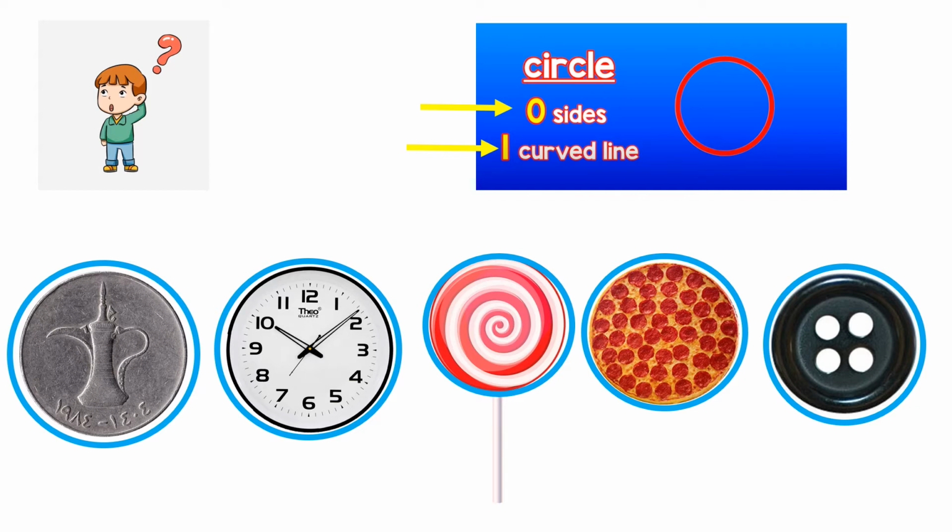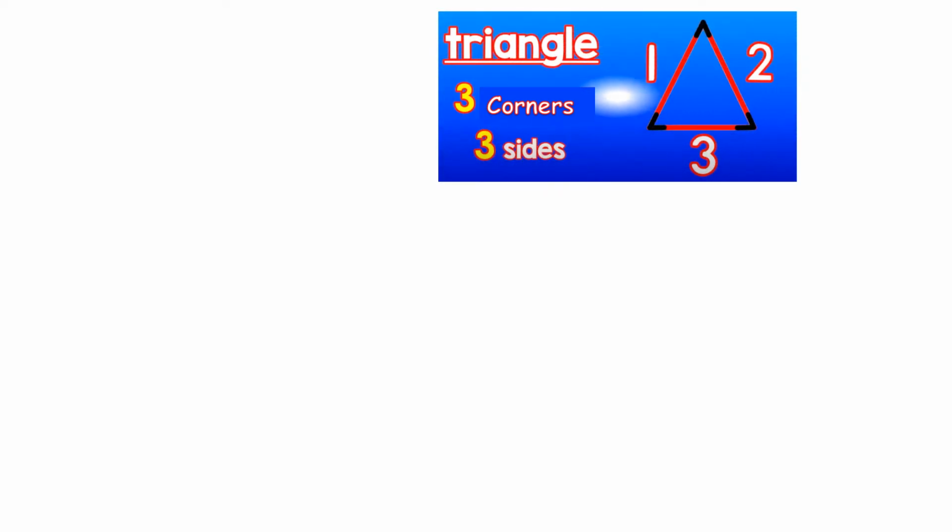Now let's see what is the next shape which we learned last week. Now, let's see the next shape, children, which has 3 corners and 3 sides. It is a triangle. A triangle has 3 sides.